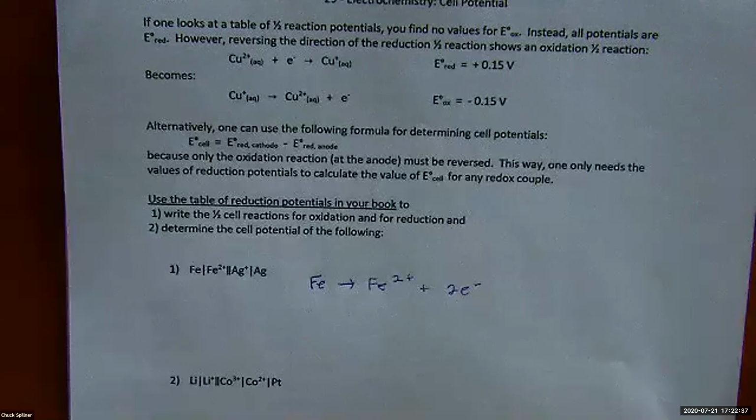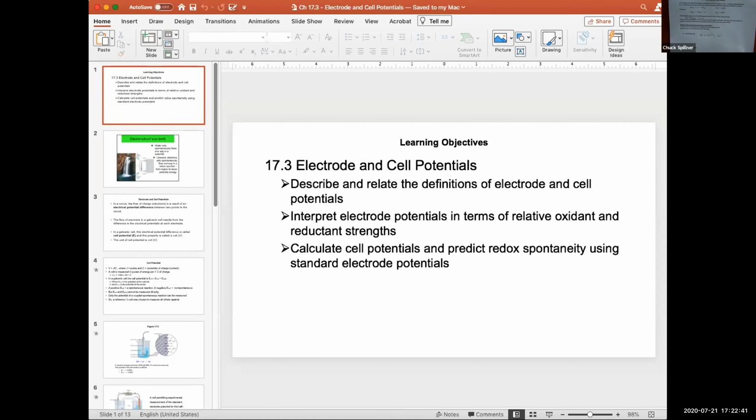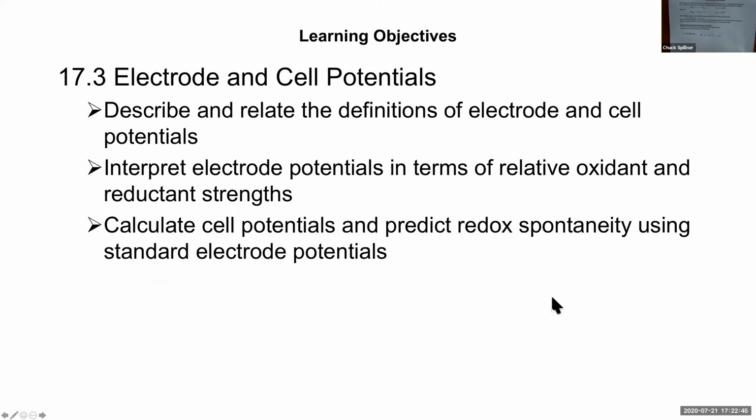So I'm going to start my slide. And we have a PowerPoint worksheet to do as usual. And here's the PowerPoint slide. So this is chapter 17.3 on electrode and cell potentials.